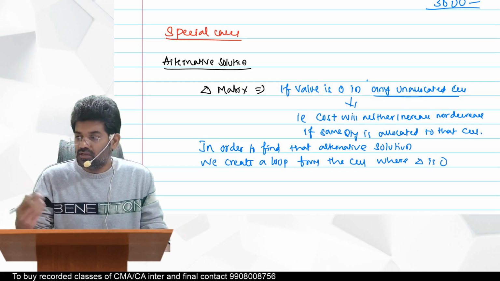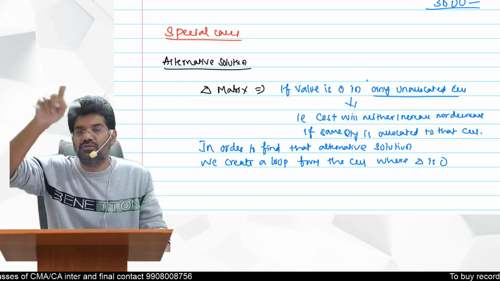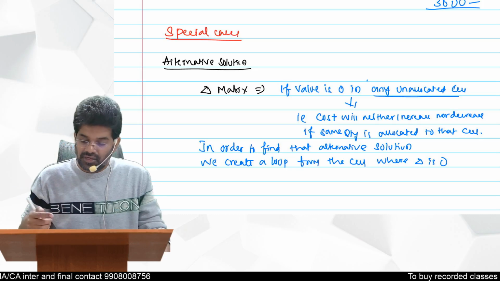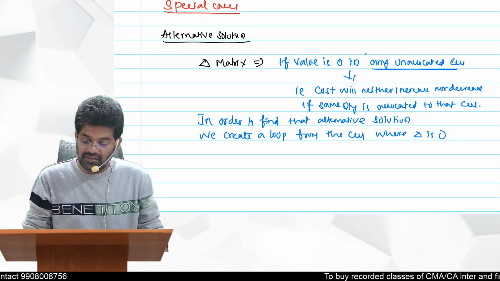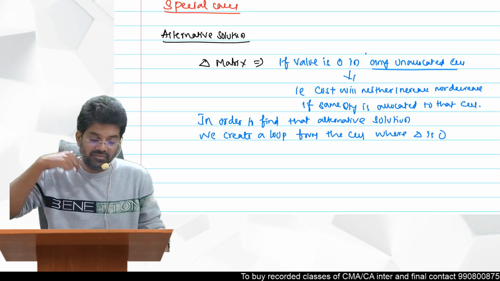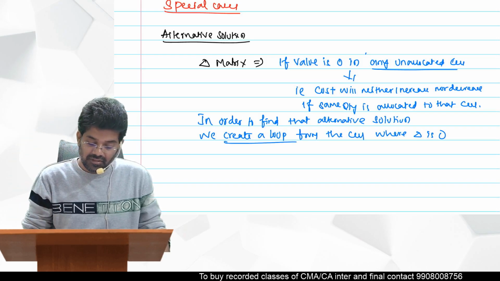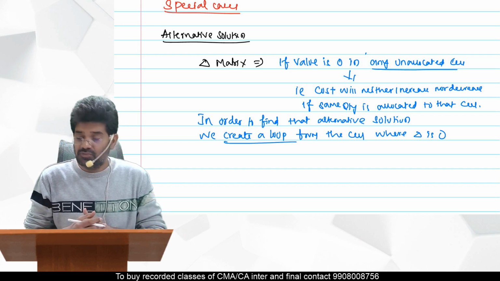Like whatever steps we performed for a negative cell, like that, wherever we got 0, from there you draw a loop. Follow the same steps, plus minus, put the same thing. The only thing is you should start drawing that loop from the 0 place. Same adjustments you can do. Okay, this is what you should do.